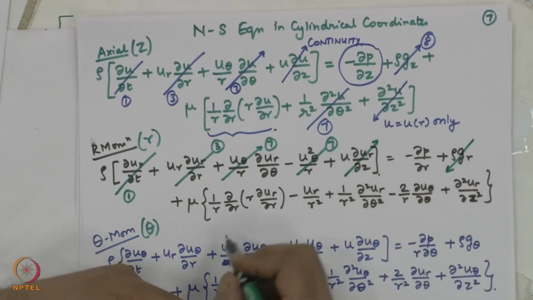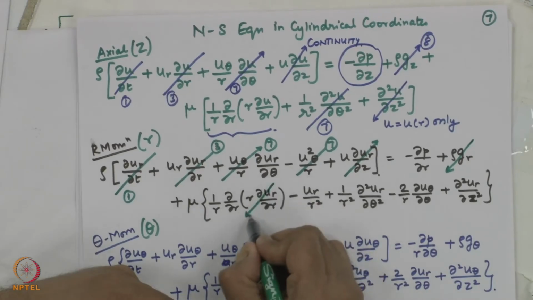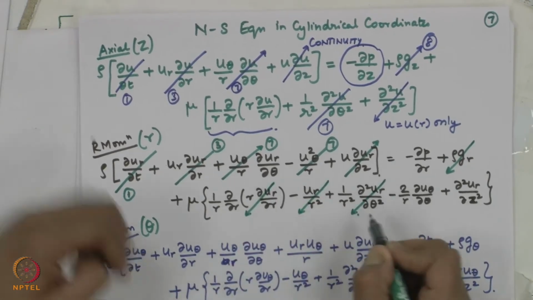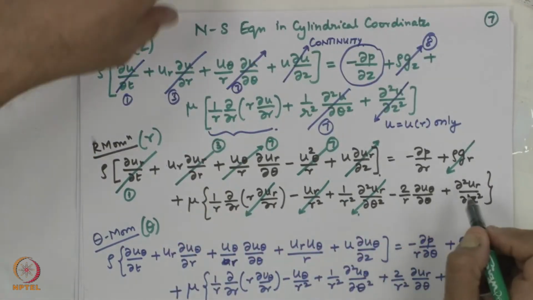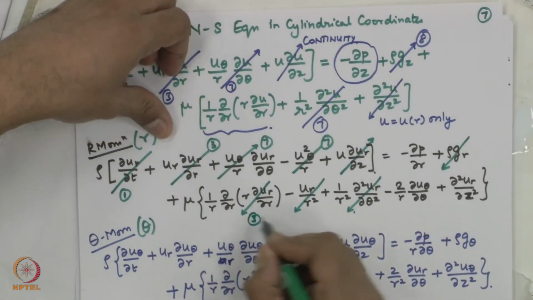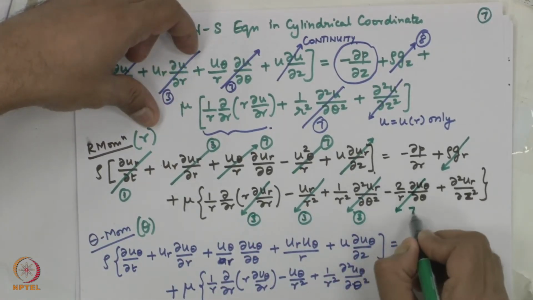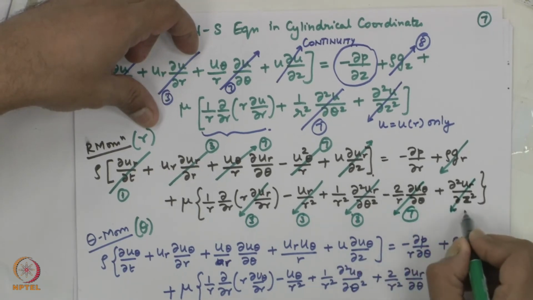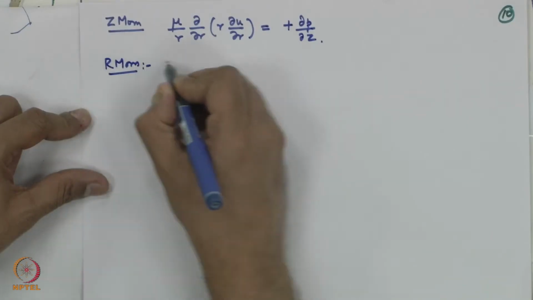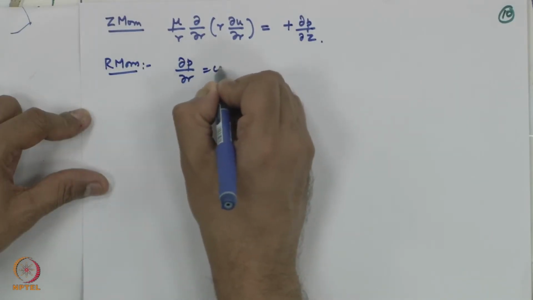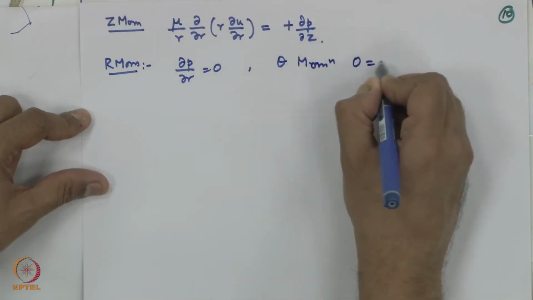Gravity is not there, this is all going to be 0. Assumption number 3, u r is equal to 0, so all these terms are dropping off because of assumption number 3. And this one assumption number 7, and this is also assumption number 3. The r momentum equation was simplified to dp by dr equal to 0, and the theta momentum equation was identically 0 equal to 0.